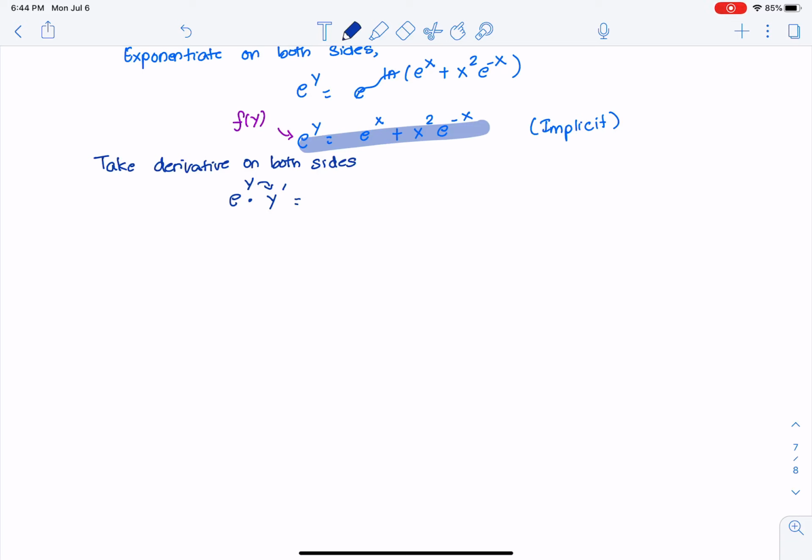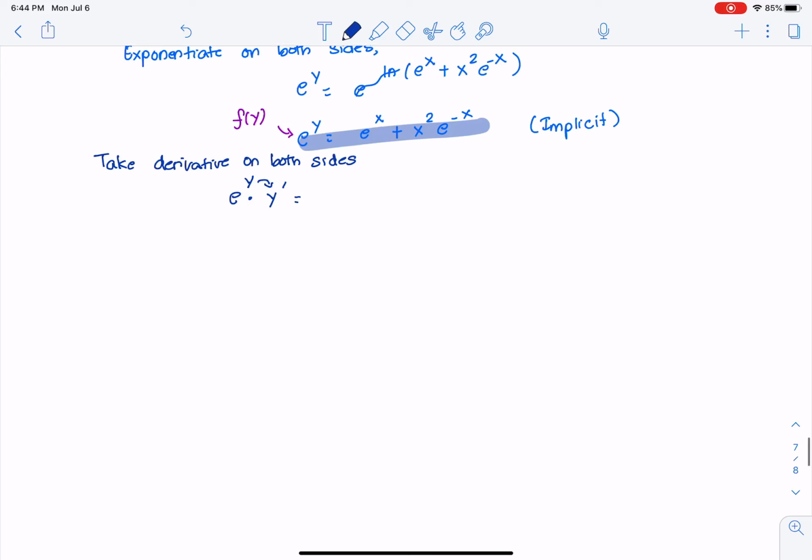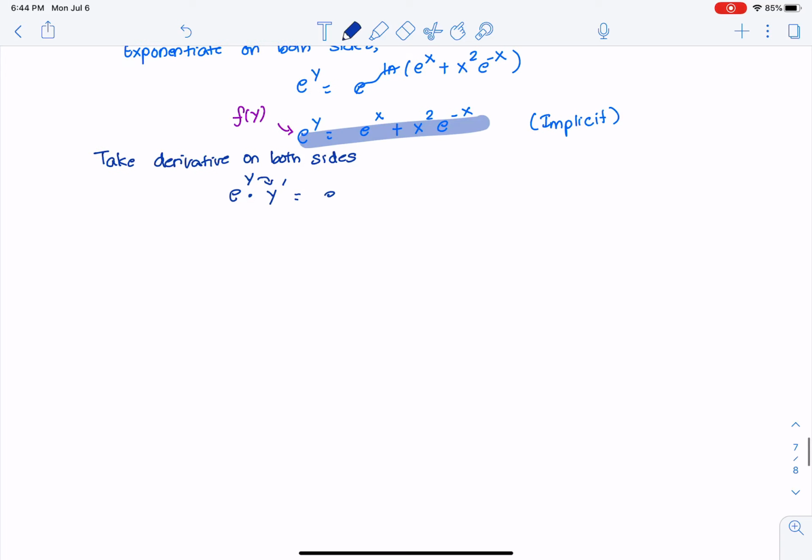And the base is e, so we multiply by ln of e, which is simply 1. On the right-hand side, we have e raised x plus the derivative of x squared e raised negative x. Well, product rule, we'll call that u and v.